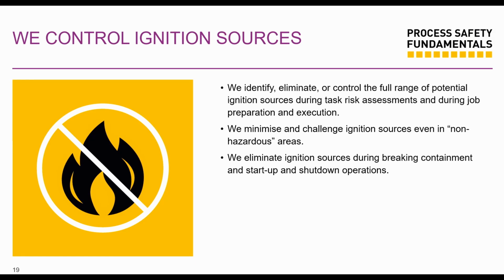So make sure that you have functional gas detection in that area, because if you don't have that gas detection, or maybe it's not functioning properly, and you're doing hot work nearby, you have an explosion. So make sure you're constantly testing for gas and eliminating hot work as much as you can. And if you can't, then you have your hot work permits, looking at everything that could cause an ignition. So that's controlling ignition sources.